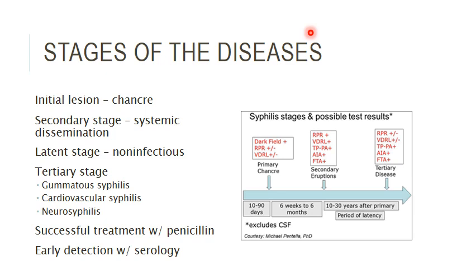In that secondary phase, again, you'll have these nondescript symptoms: lymph node enlargement, a fever, and they'll feel run down. The key thing that would definitely point to syphilis is the rash. They get a rash on their skin and on their mucous membranes, and the classic sign is on the palms of the hands and the soles of the feet.